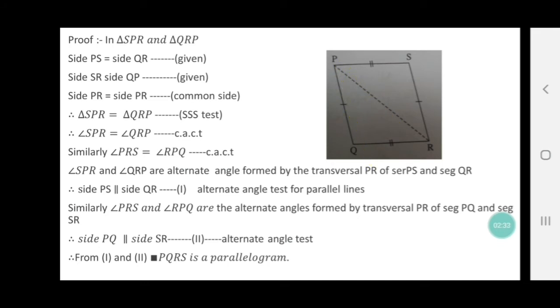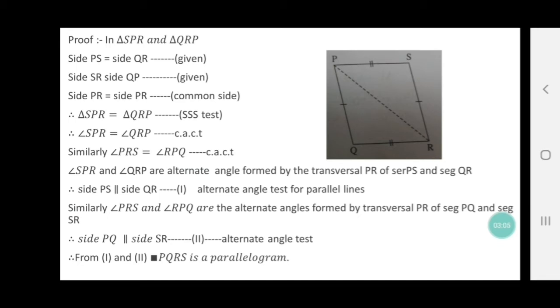Okay, these are corresponding angles of congruent triangles, but the angles so formed over there are alternate angles formed by the transversal PR and segments PS and QR. Okay, so here the angles so formed are alternate angles. So from here we come to the conclusion that PS is parallel to QR. Okay, this is alternate angle test for parallel lines.